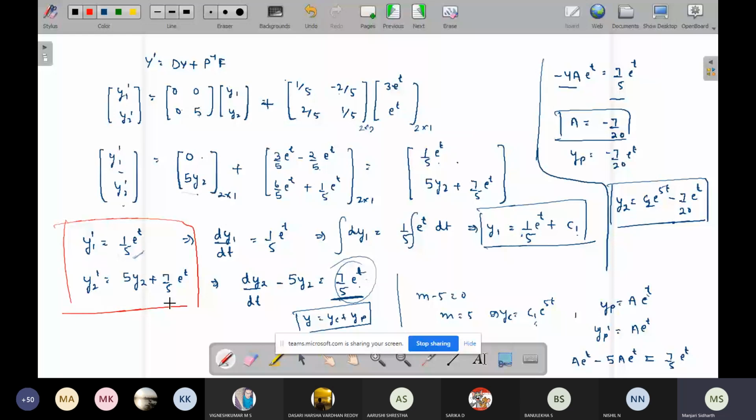Okay, so last topic, not last topic, related to matrix method.